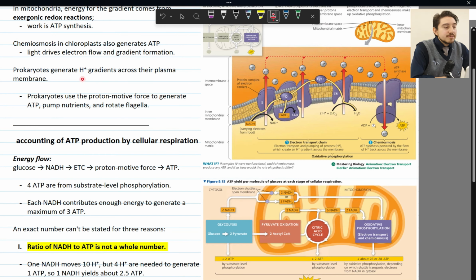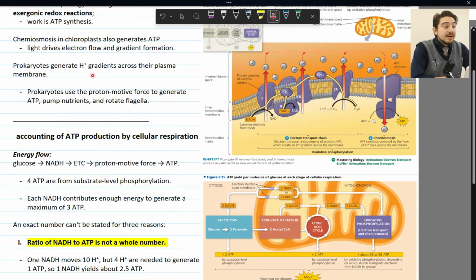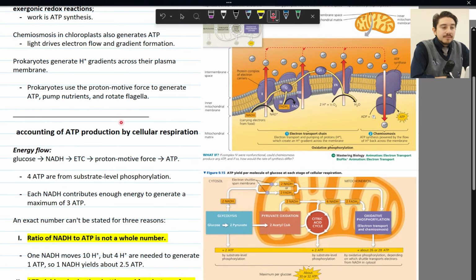Remember, they can also produce ATP in a very similar way. They generate hydrogen gradients across their plasma membrane, and they produce this proton motive force to generate ATP, to pump nutrients for any active transport, or to rotate flagella to move about, and so forth.